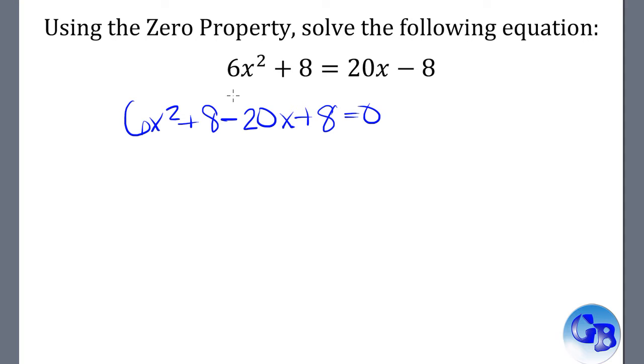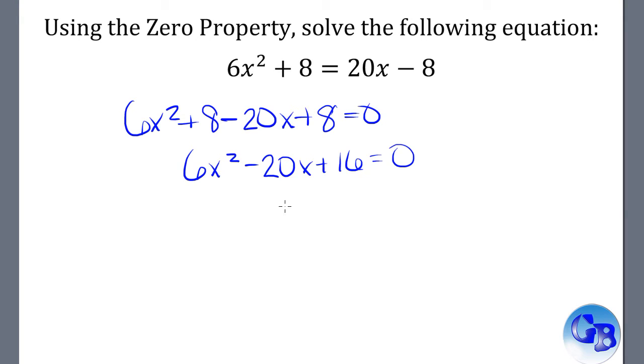Now let's set this up so it looks like a quadratic equation that we can factor. So we have 6x squared, and we're going to move that 20x over here, negative 20x, and then 8 and 8 equal 16.